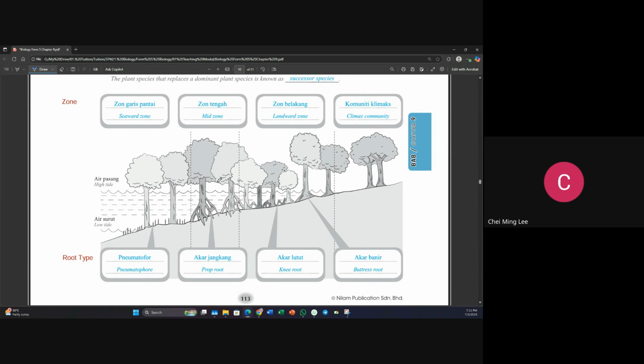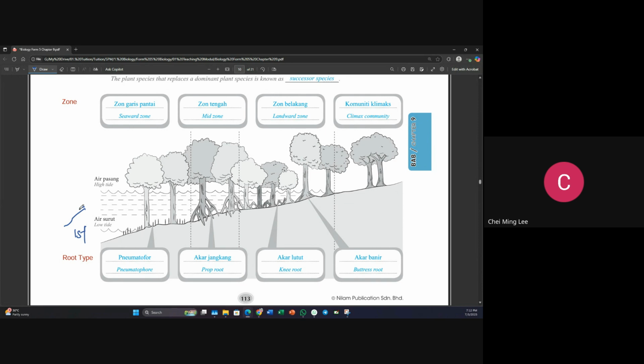It's like this. At first, this is the first one, right? When this one gets at least this high, it was originally only this high. So at first, it's like this. So this is the pioneer species coming in.